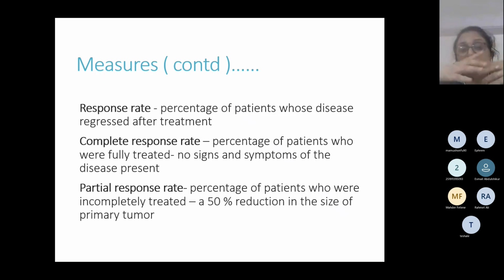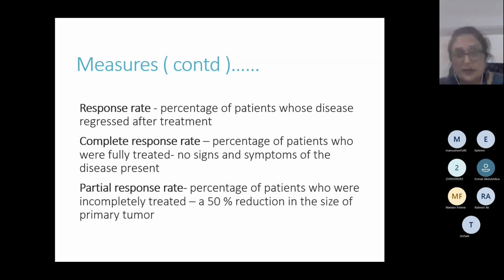That means out of the 100, 20 patients showed some results. So that is a 20% response rate. Supposing the number is 200, and if 100 are affected, that means 50% is the response rate. So whenever it is rate, it means percentage of patients.